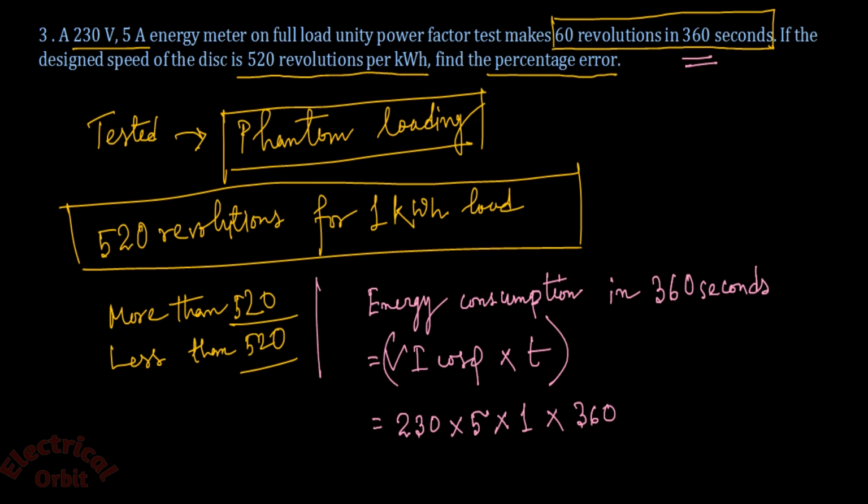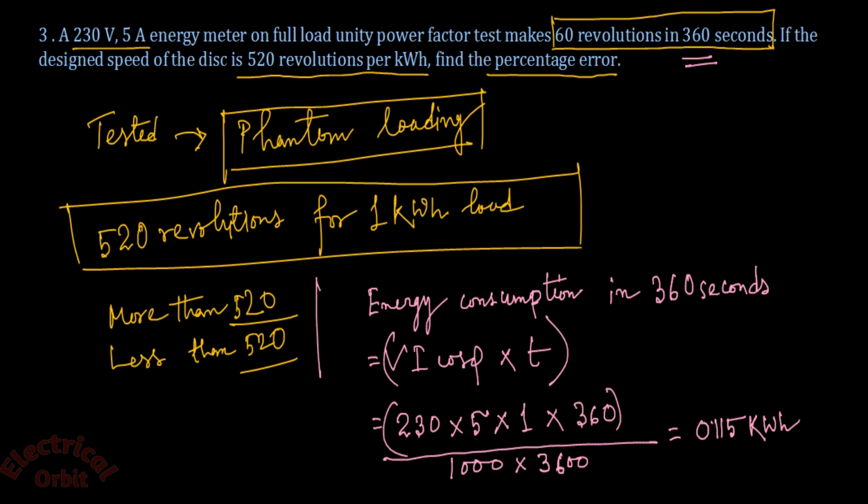Now we have to convert it into kilowatt hour, so we divide it by 1000 and 3600. So we get 0.115 kilowatt hour. Clear? So for measuring 0.115 kilowatt hour, the disk has rotated 60 revolutions.